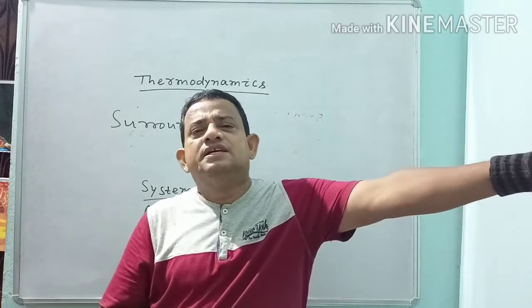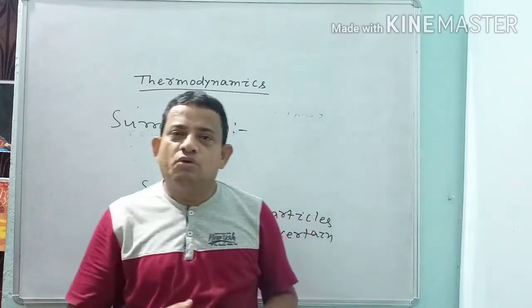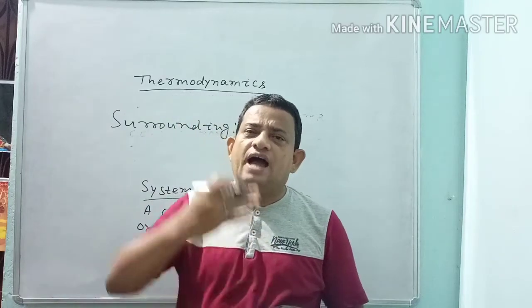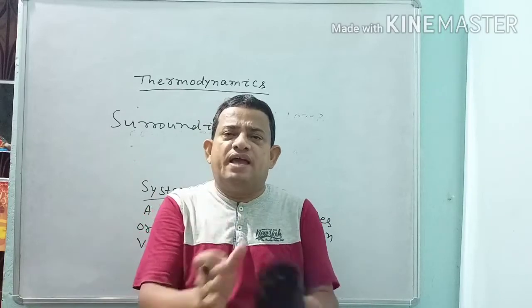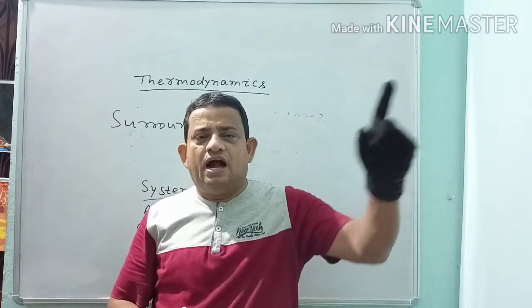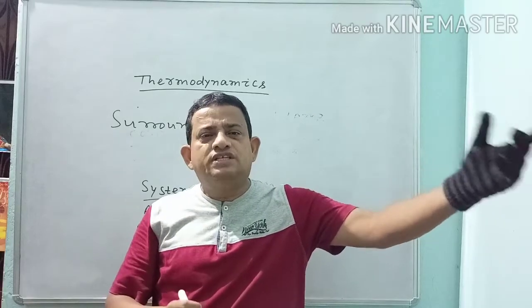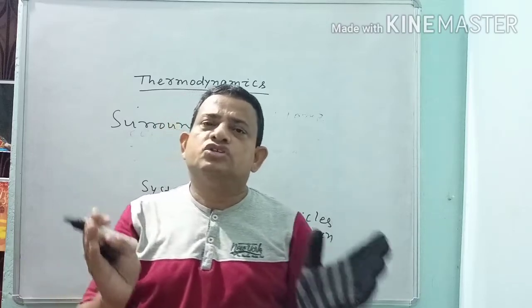That means this is the surrounding. But if one shouts at a distance of 100 km, so this is not my surrounding. Surrounding means that outside the system which has a direct effect on me.